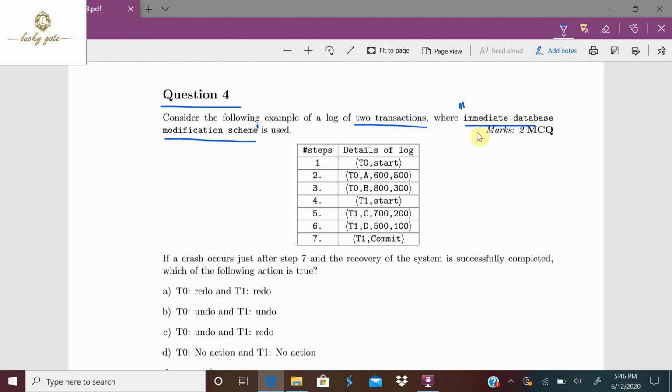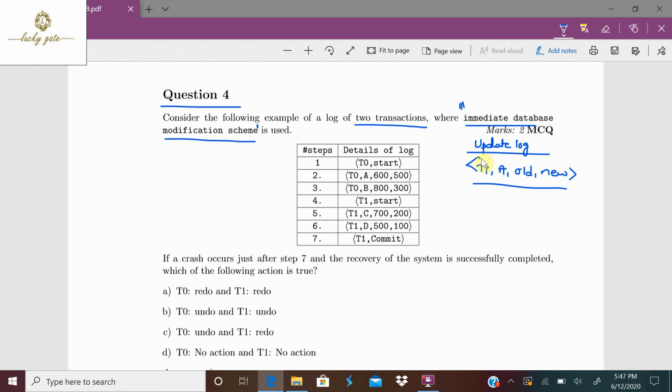Because it won't wait for the commit operation, the log is required to maintain both old value and new values for each update, so that for recovery purposes it requires an update log in the log records. This update log is of the form transaction Ti changing some variable A whose old value is something, changed to some new value. This is a log record to be maintained.